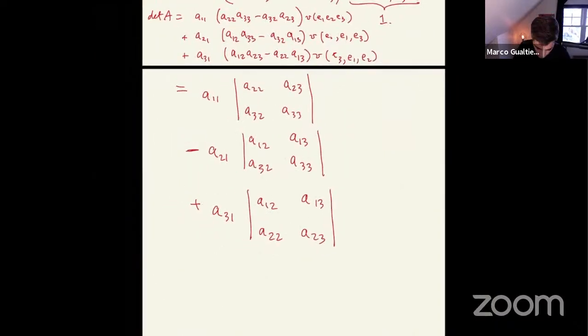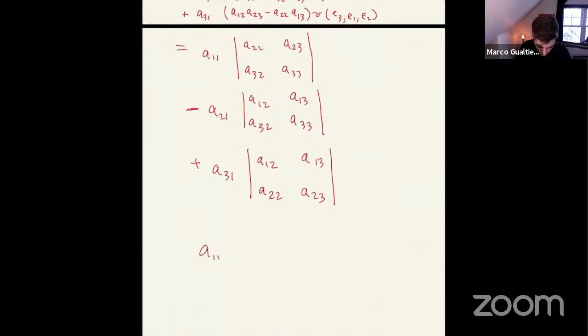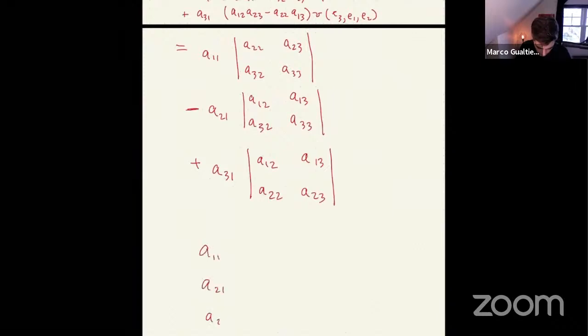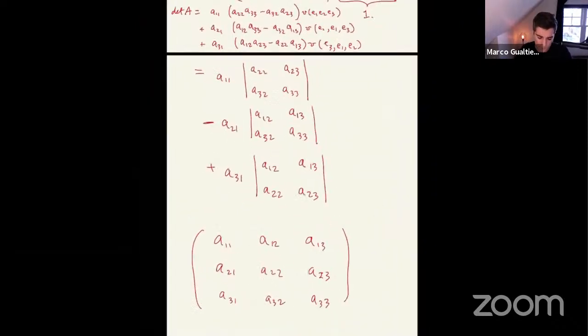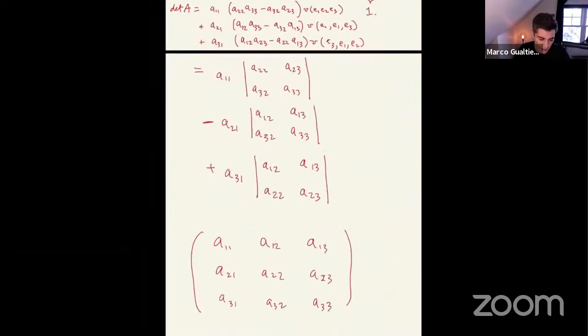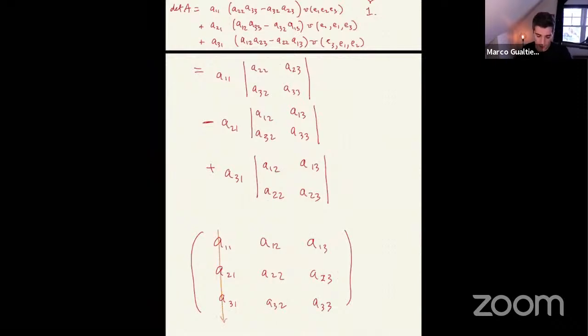Okay, so let me just write the matrix again. Okay, so you see what's happening is that I decided to expand along the first column, and the first term that I get is A11 multiplied by the determinant of this 2 by 2 submatrix.